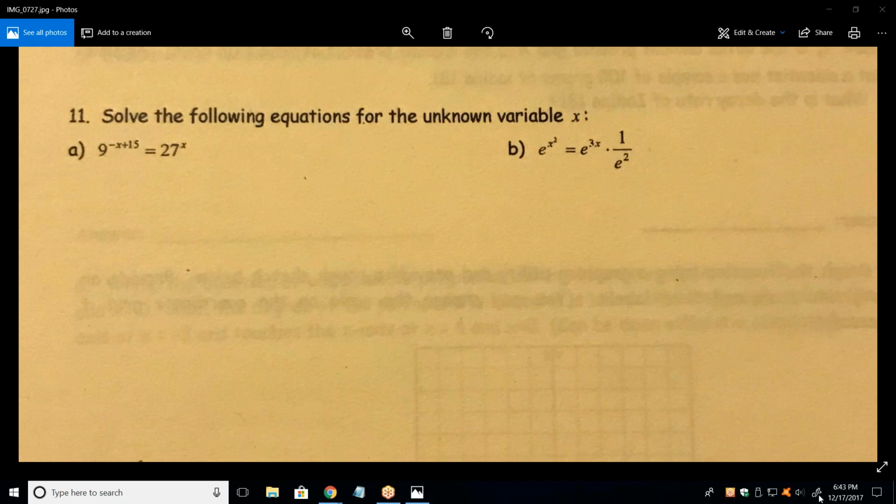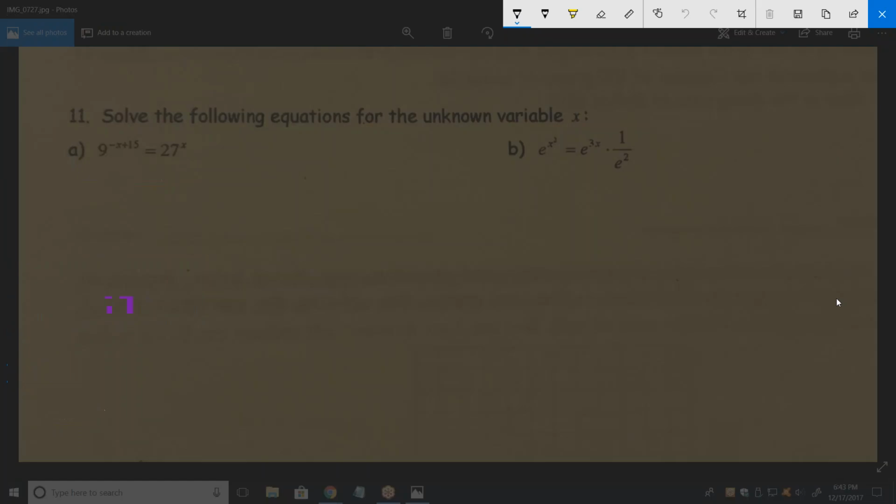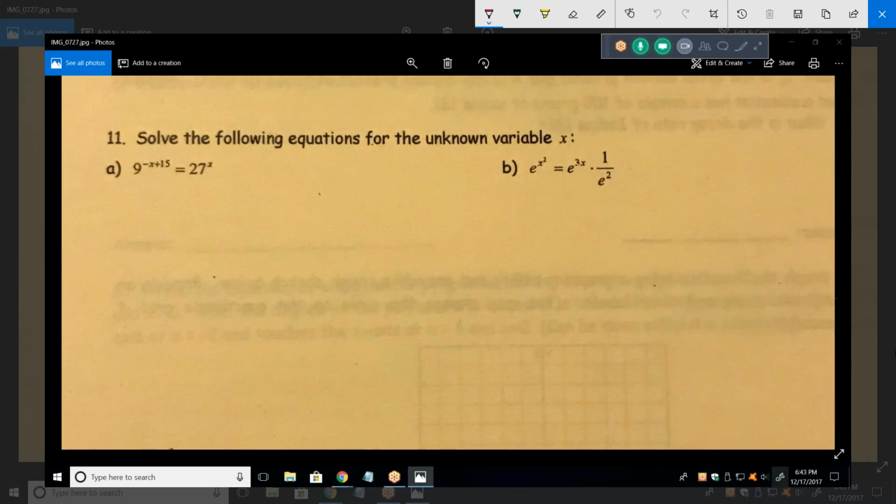Now it's slow again. Is it slow? Yeah, notice I clicked on that. Can you see that Windows Ink Workspace down there? Yeah, it just came up. Click on that. It normally brings up this window and then lets me take a snapshot of the screen, which I can then write on. Does it not let you do that? It's been working weird lately.